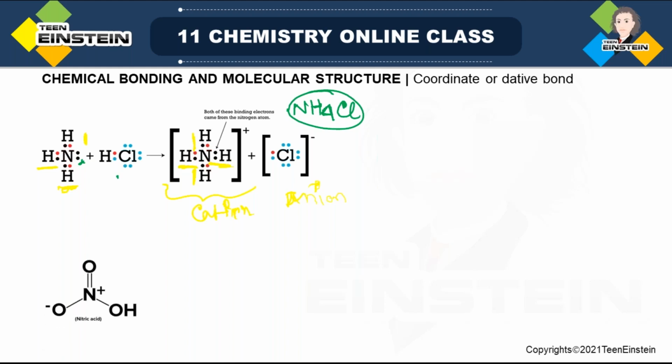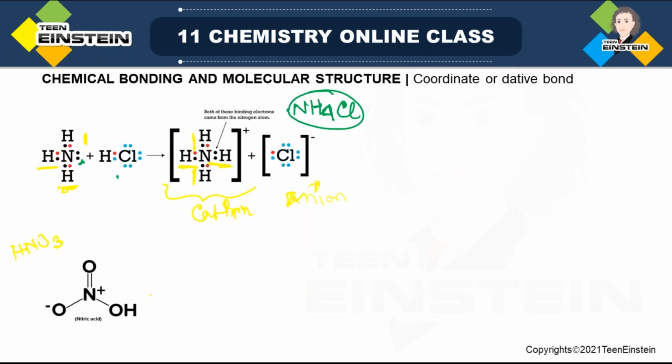Another molecule you will see is nitric acid. We write it as HNO3, but in detail, if you write the bonding, it will be something like this. So in this case, where is the coordinate bond present? Here the central atom is nitrogen, and nitrogen has 5 valence electrons.